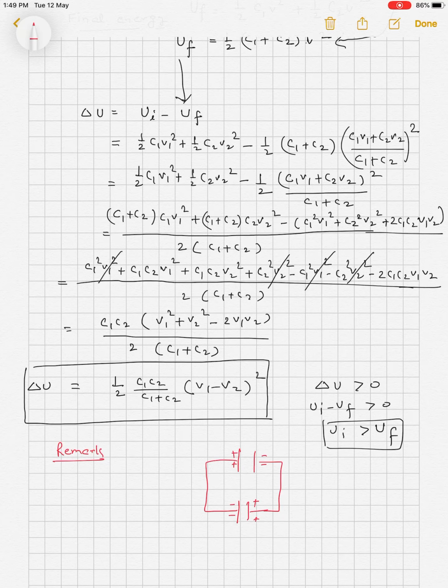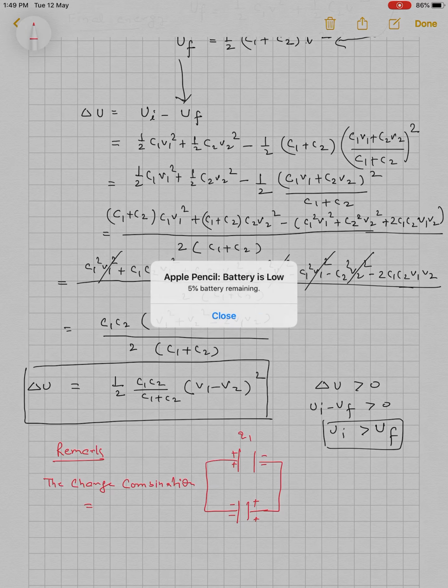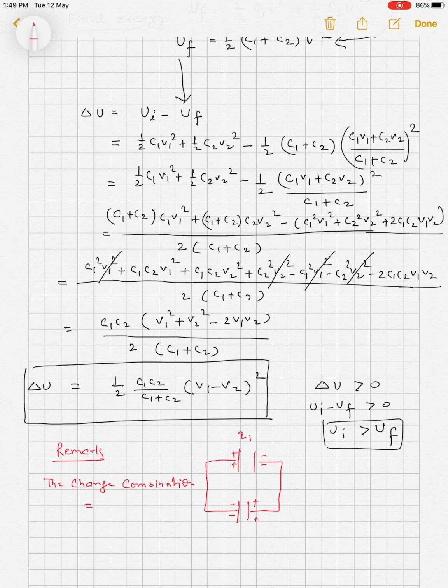In this case, the combination will be, suppose this is Q1 and this is Q2. So we have V is equal to (Q1 minus Q2) upon (C1 plus C2). This is the common potential.